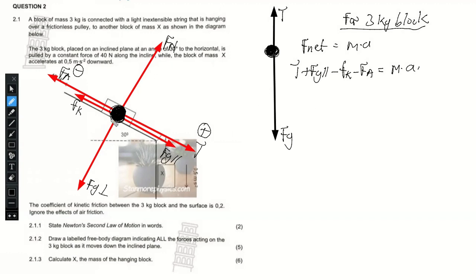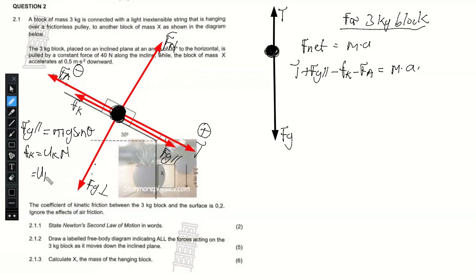But note that these are some of the nuggets that you always have to put in your mind. For example, Fg parallel, you always have to know that it is mg sine theta, right? And if we want our Fk, we know that Fk is equal to mu k times the normal force. Looking at the free body diagram, you see the advantage of having to resolve: now I can say that my normal force is actually equal to Fg perpendicular.